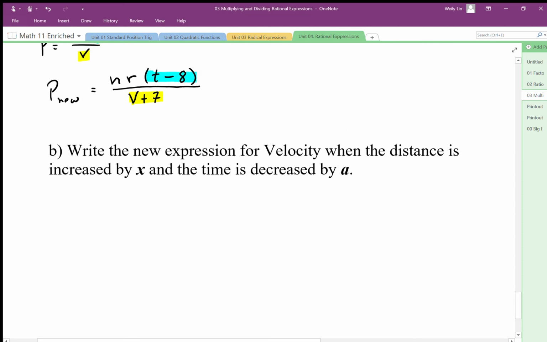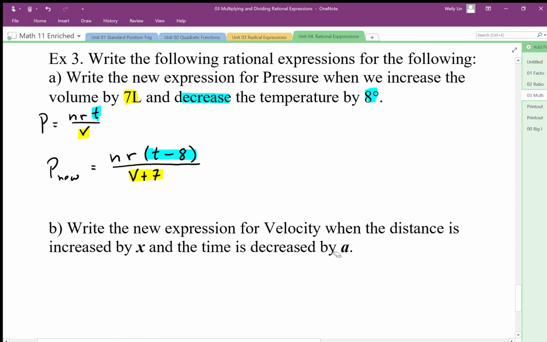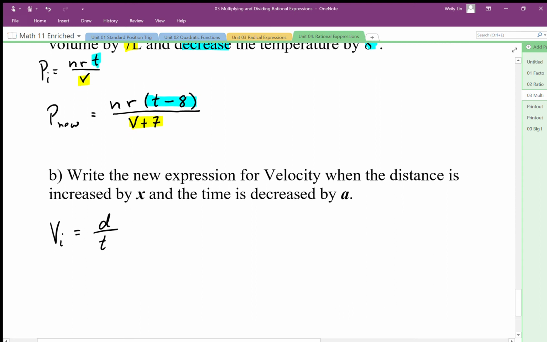We can do this with velocity as well, and we can generalize our changes using variables. Here we want a new expression for velocity when the distance is increased by x and time is decreased by a. Let's first start with our original velocity. Velocity is equal to the original distance divided by the original time.